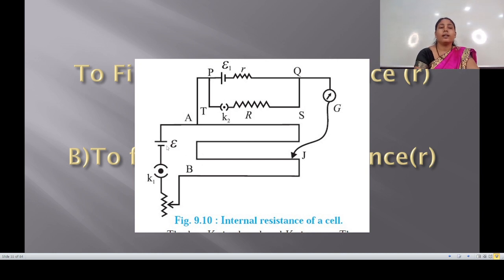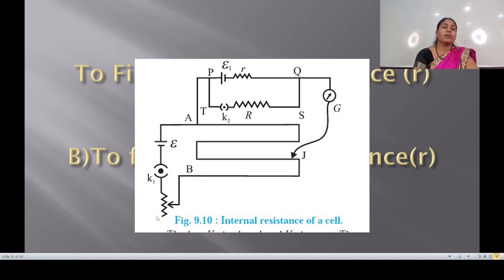Then the EMF is connected with its positive and negative terminals. The EMF is connected in series with the key K1 and a variable resistor, that is a rheostat. The fixed terminal of the rheostat is connected to K1.